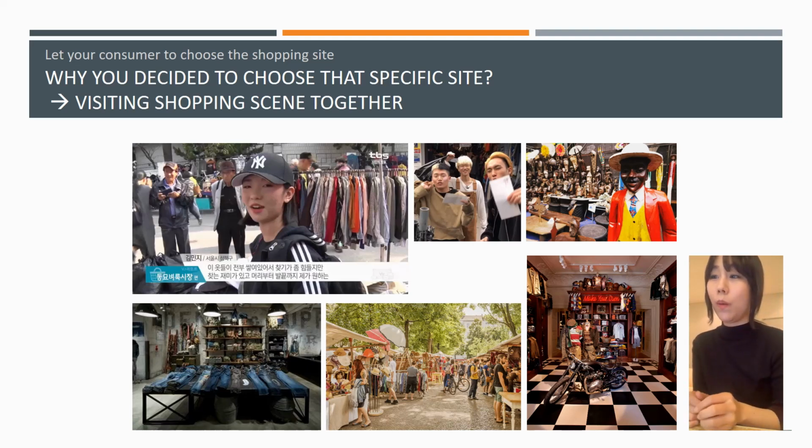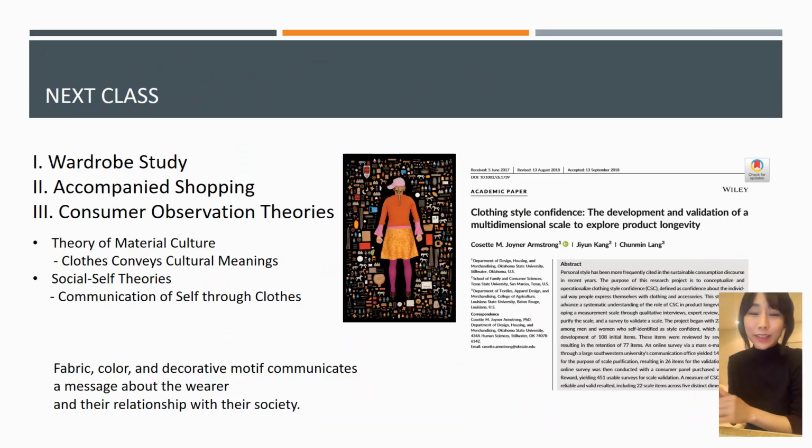All right, so in the next class, this coming Thursday, we are going to study how to do the wardrobe study, and we will see some techniques and examples of wardrobe study.